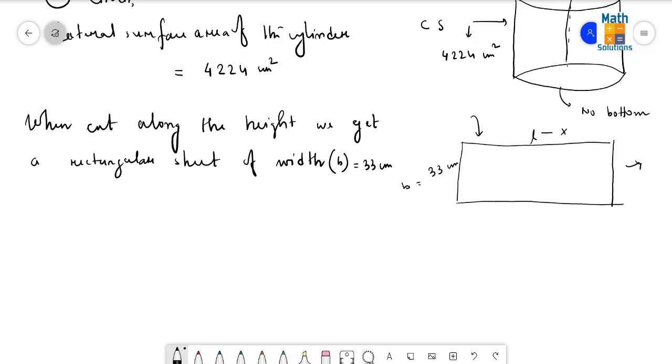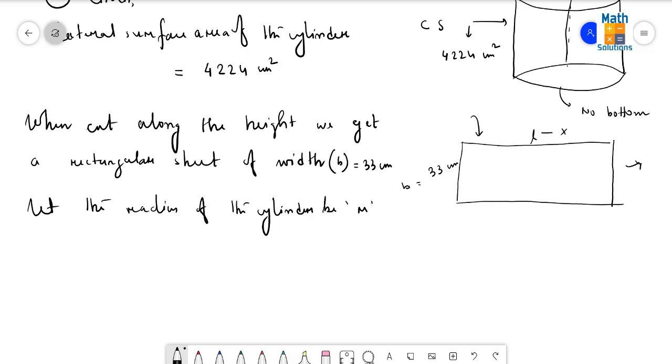No, just before that we need to consider, let the radius of the cylinder be r. So what do we have here?